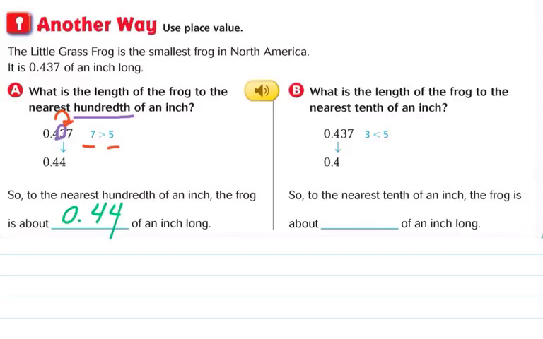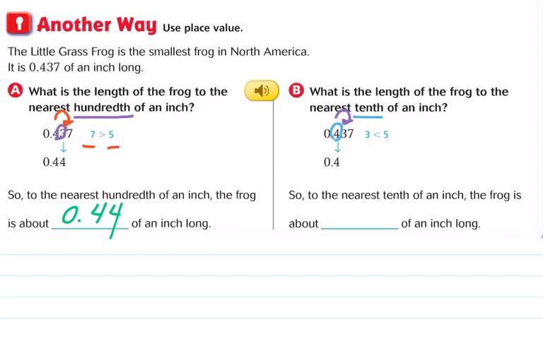Now, in strategy number B, we're going to use place value again, but we're going to do it a little bit differently. So it says, what is the length of the frog to the nearest tenth of an inch? So, boys and girls, now I'm going to underline tenth. We're no longer evaluating the hundredths, so we're going to circle the digit that's in the tenths place. So we circle 4, and then we make a little baby arrow next door, and we look at the 3.